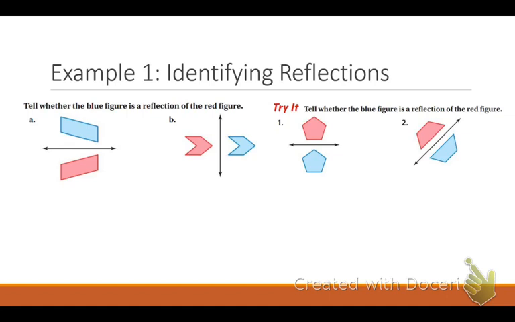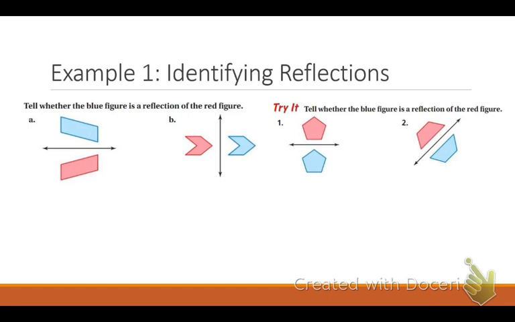So all you have to say is yes or no. Just do like a really rough sketch if you can of these 4. You don't have to copy the original on your homework. You can just say yes or no. But as you're sketching them, I want you to ask yourself, is this a reflection across that line that you see with the arrows? That's your line of symmetry or your line of reflection.